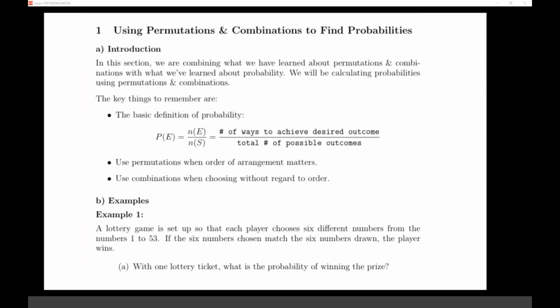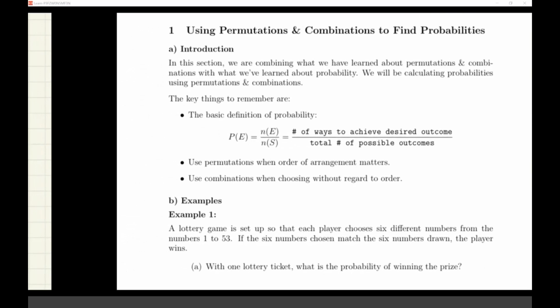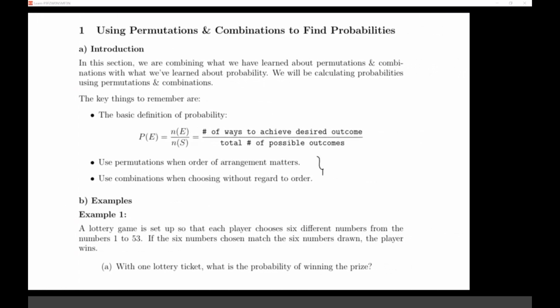Both permutations and combinations require that we sample without replacement. Namely, we're not putting things back in the pool once we select them.